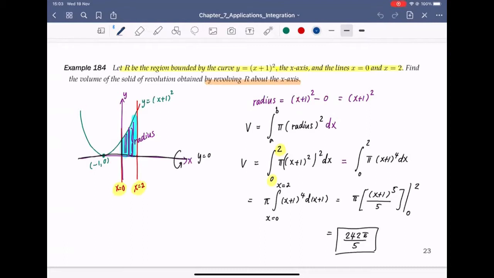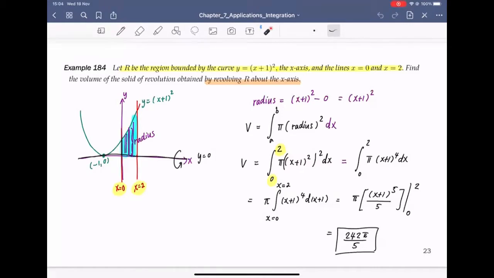What I did last time is I just rotated this region R around the x-axis, and I get a solid like that. This is my solid that I get after I rotate the region R around the x-axis. And then we need to find the volume.